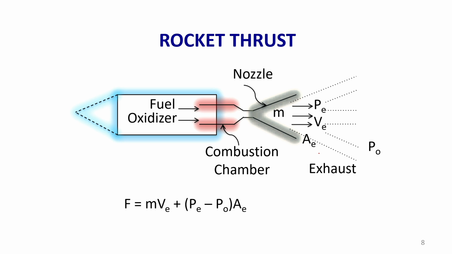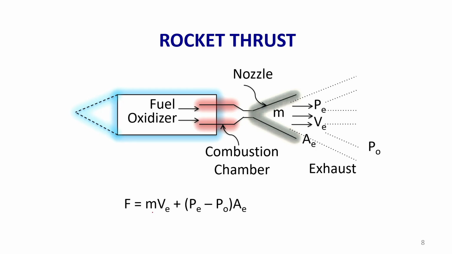The thrust in the case of a rocket is primarily produced by two things. One is due to the momentum: the mass of the gas leaving the nozzle, multiplied by the exit velocity, the velocity at which the gases leave the nozzle.